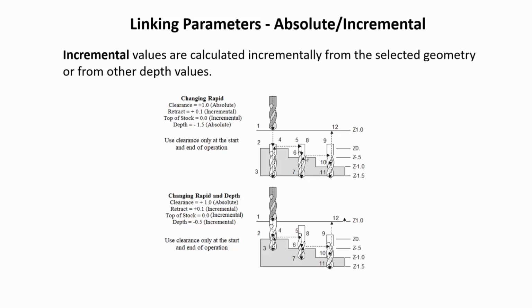It retracts back to 100 thou above the top of the stock and rapids to the next hole. Rapid down 100 thou above the new top of the stock. We'll start with feed rate and machine the hole, and then we'll retract back to the clearance level.